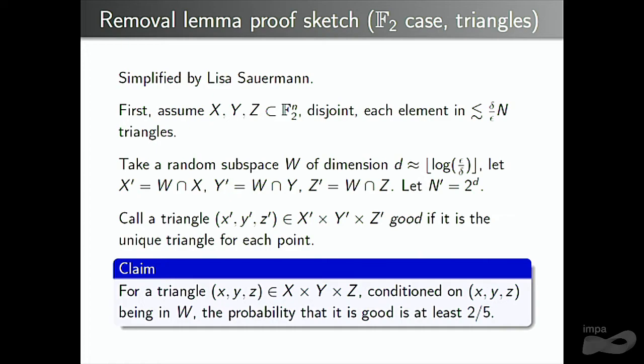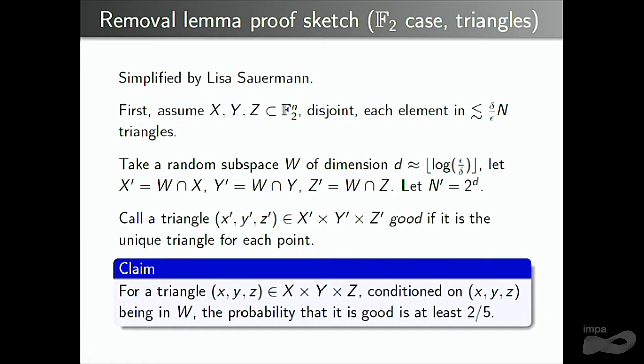Yes, thanks. Now what we claim is that if we have a triangle in X cross Y cross Z, and we condition on this triangle being in our subspace W, then it's good with probability at least a constant, which for us is 2/5. The basic reason is that the size of this set has been chosen so that the 1/2 to the d roughly cancels out how many triangles an element is in.